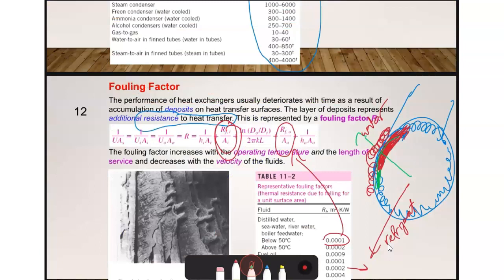Before I forget, the fouling factor will increase when the operating temperature and the length of service increase, and the fouling factor will decrease with the velocity of the fluid. So fouling will not have as much effect if the velocity of the fluid is increased.